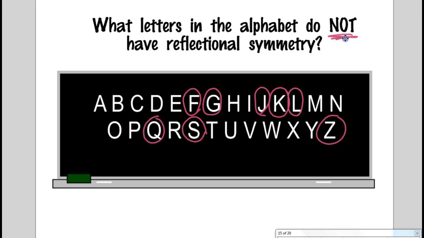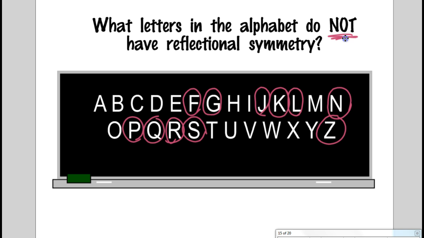P doesn't. R doesn't. E definitely does, right here. Depends on the font. N doesn't. N is just like Z, right? If Z doesn't, then N doesn't. N doesn't have reflectional symmetry. W definitely does. Did you get them all? Yeah, I think so.